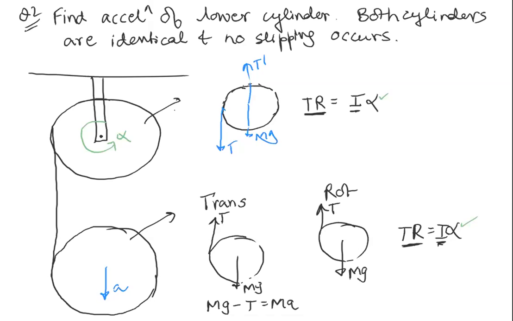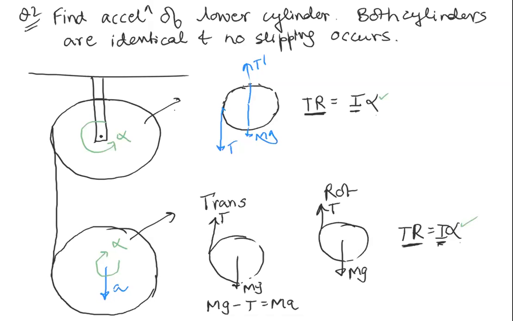Second thing is, although the magnitude of both alphas are same, the direction of both alphas are not same. ऊपर वाला अल्फा एंटी क्लॉकवाइज है, नीचे वाला अल्फा क्लॉकवाइज है, as is evidenced by the direction of, if you look at the T, it is producing an anti-clockwise torque on the upper cylinder, and the T is producing a clockwise torque on the lower cylinder.